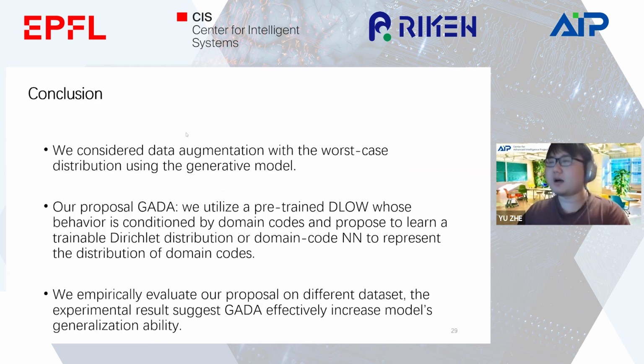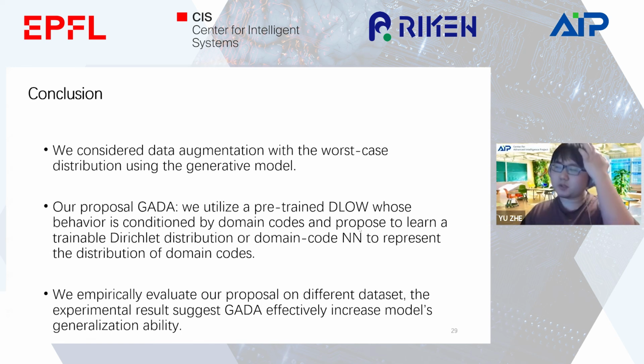Okay, so now to sum up, in this work, we consider a data augmentation strategy with worst-case distributions using generative models. For our proposal GDA, we utilize pre-trained DLVM models whose behavior is conditioned by the domain codes.